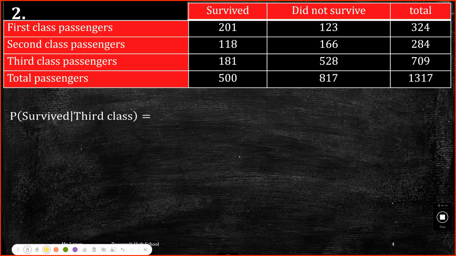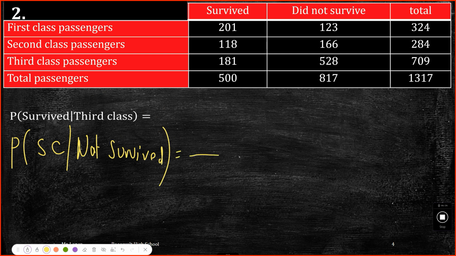Like, there. Let's do one more. Let me come up with one more. Probability of what? Second class? SC for second class, given that not survived. All right, so probability of second class, given that it's one of the people that did not survive.